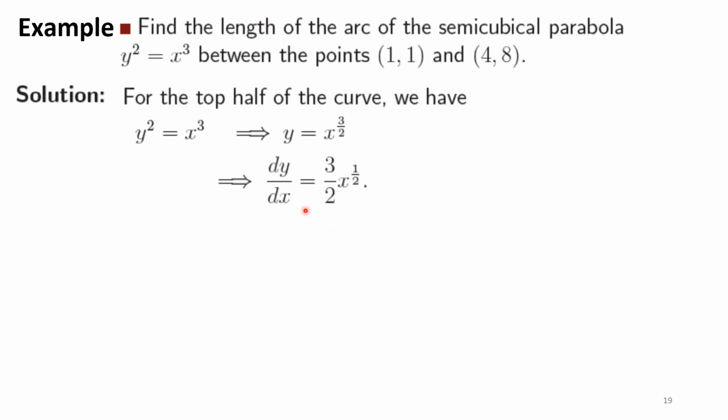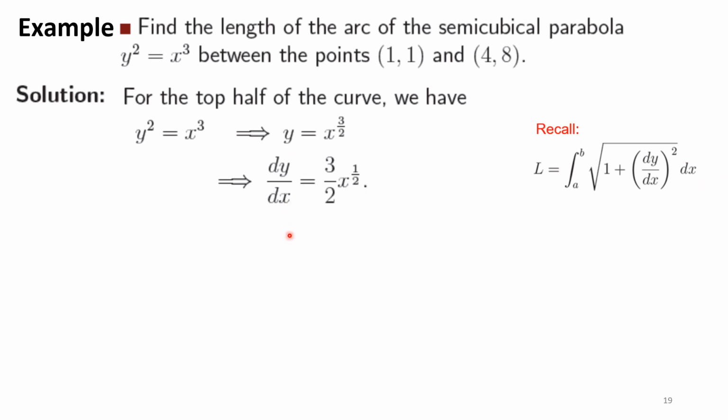The derivative dy/dx is easy to take since it is an exponent, so you will have 3 over 2 x to the 1/2. Now recall our formula earlier: L is equal to the integral from a to b of the square root of 1 plus (dy/dx) squared dx.